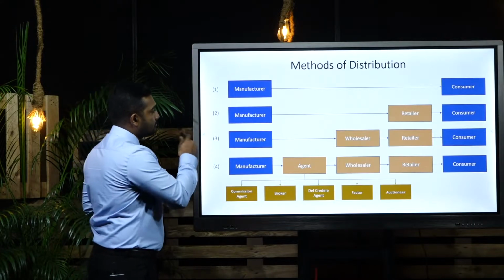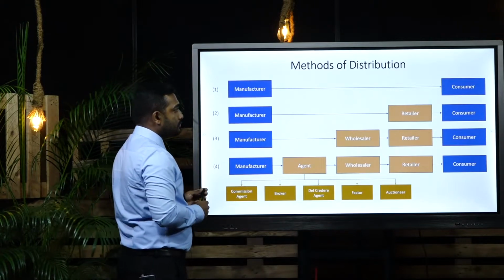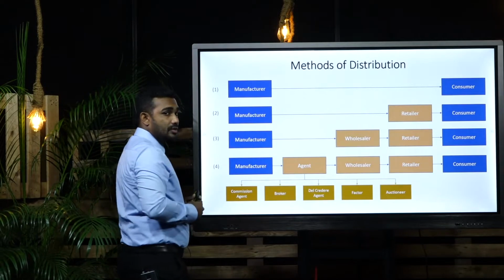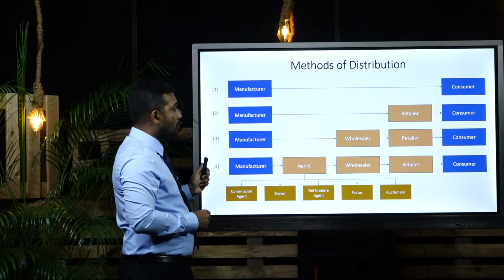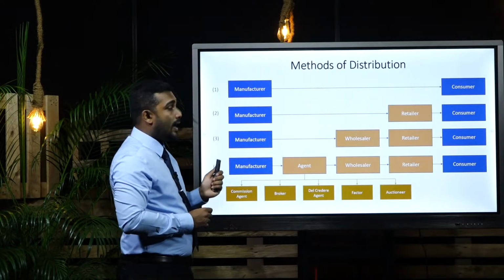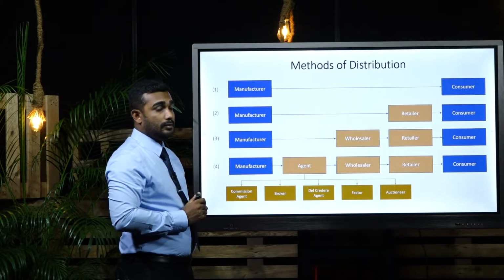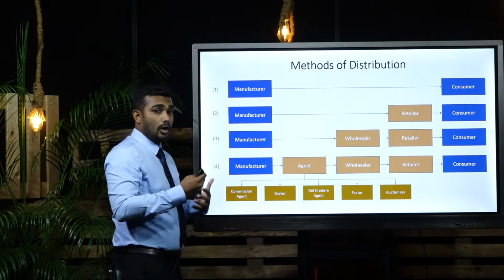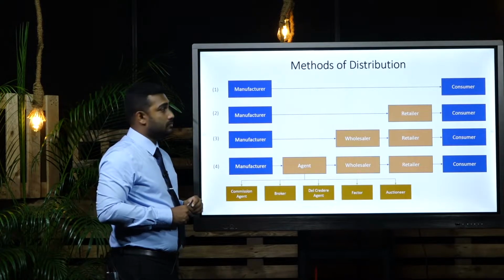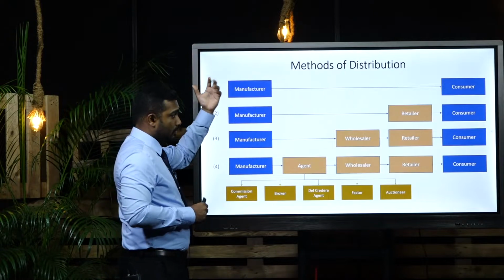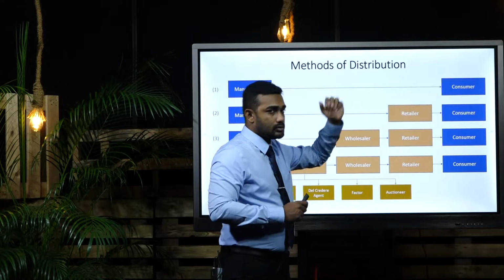The first one, we call it direct distribution, where you can see the manufacturer here. The entity is going to sell the product directly to the consumer. Now, you can observe what are the examples in the real world for this. Here you have the manufacturer or seller, owner of the good, giving the product directly to the customer or the consumer.